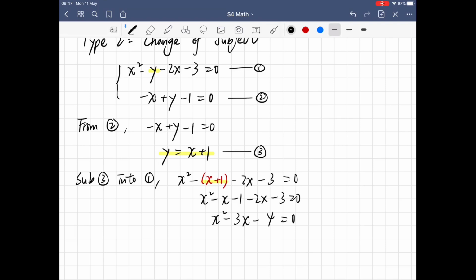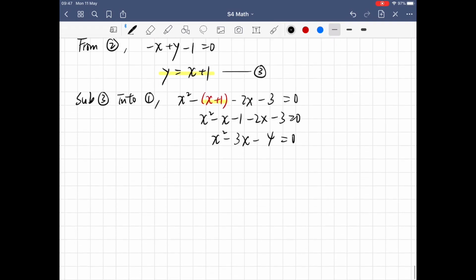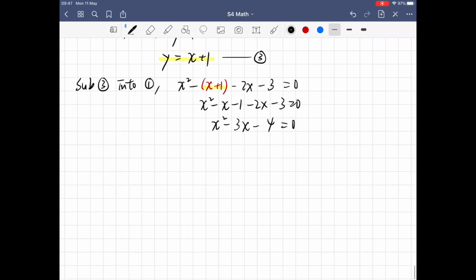Okay, again, we can now solve this quadratic equation, and we have x minus 4, x plus 1 equal to 0. So that we have x equals to 4 or x equals to negative 1.